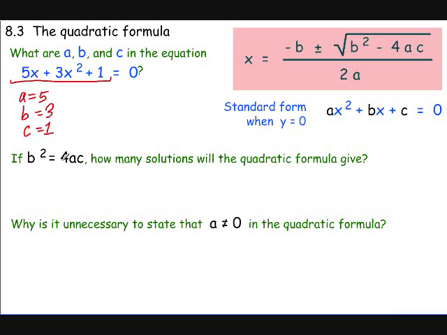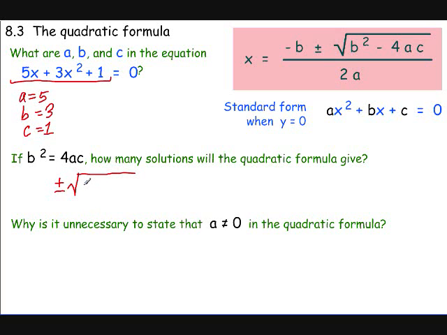If B squared is equal to 4AC, how many solutions will the quadratic formula give you? Well, to get 2, you have to have something other than 0 here. With 0 plus or minus 0, you're only going to have one solution.